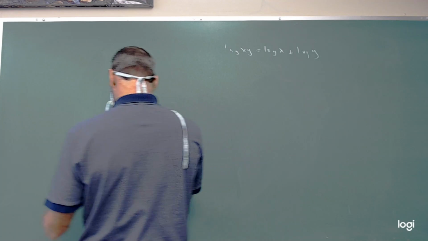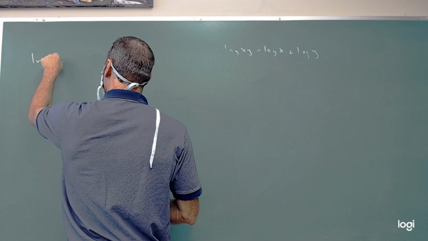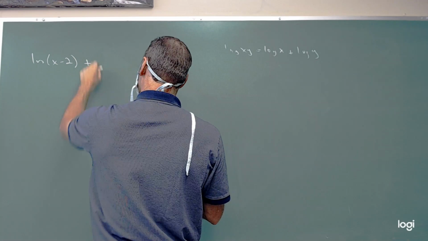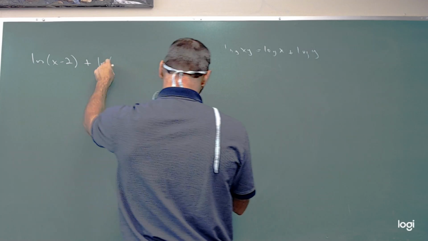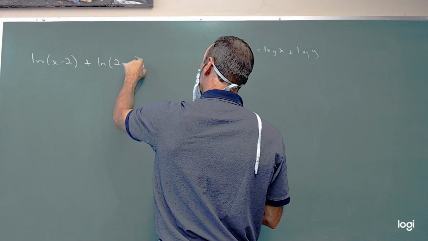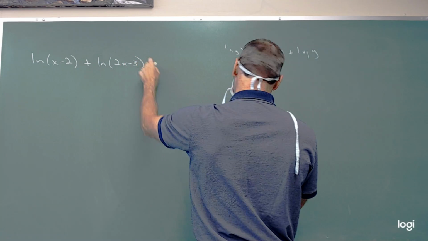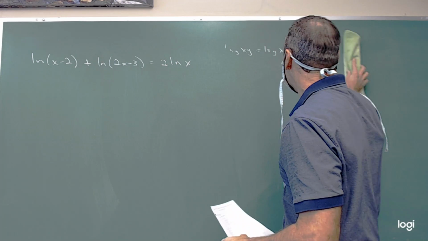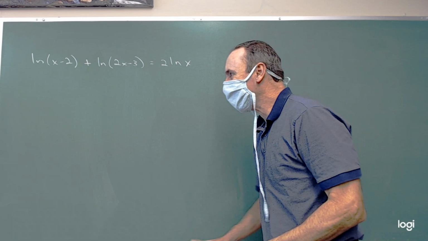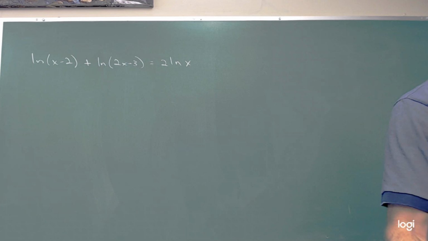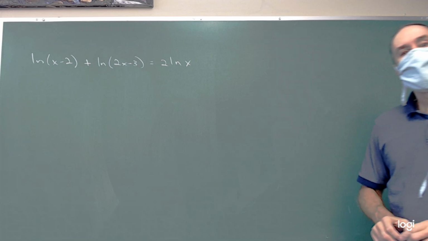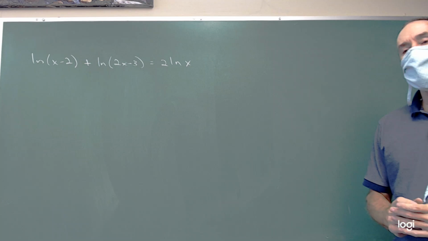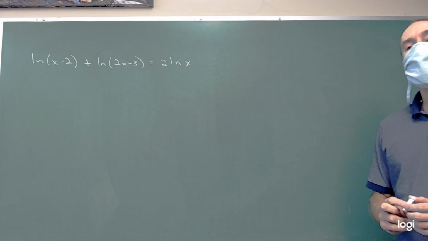So let's do the natural log of x minus 2 plus the natural log of 2x minus 3 is equal to 2 natural log of x. There's another property of logarithms you can use on the right side of the equal sign too.